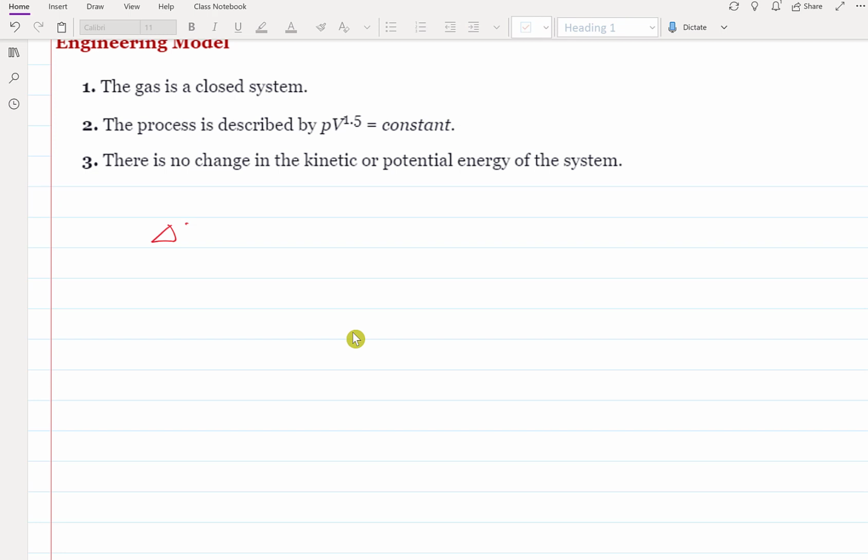Kinetic energy change, potential energy change, and internal energy change equals heat transfer minus work transfer. The assumption is there is no kinetic energy change or potential energy change. It's a stationary system. So internal energy change equals the net heat transfer minus net work transfer.